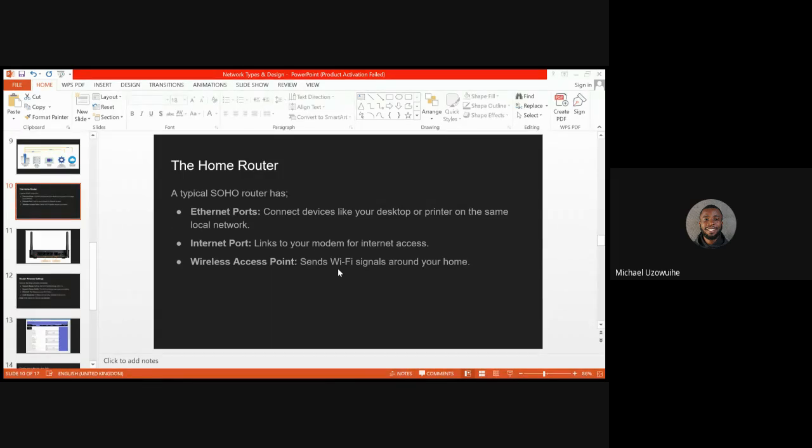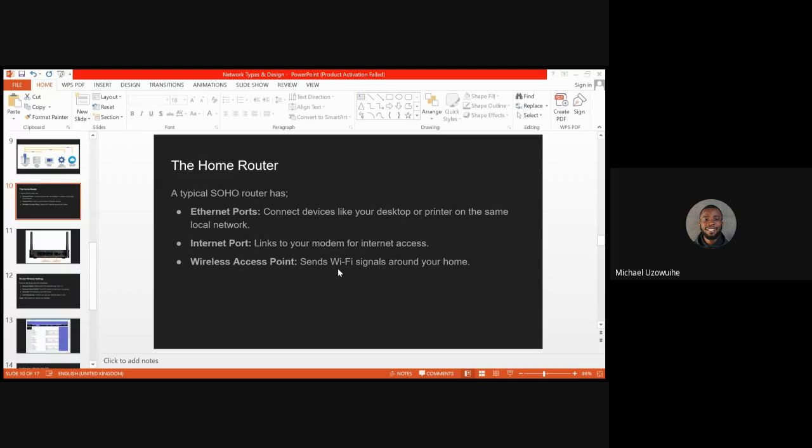The home router is very important for us to be able to connect to the internet. It is essential, especially for small office and home office network connections, whereby our office and home network have access to the internet.